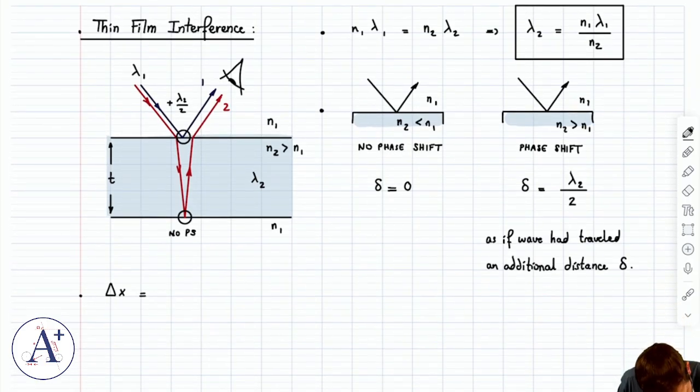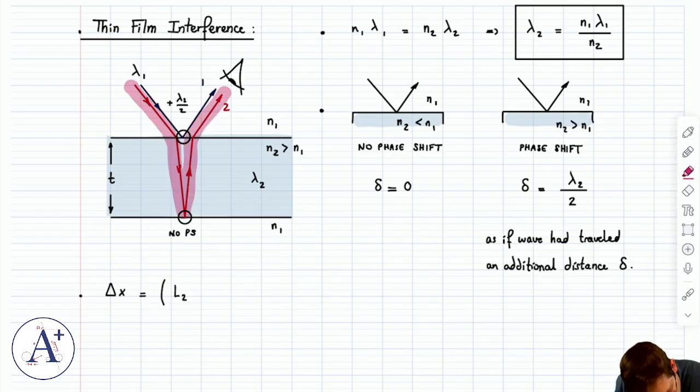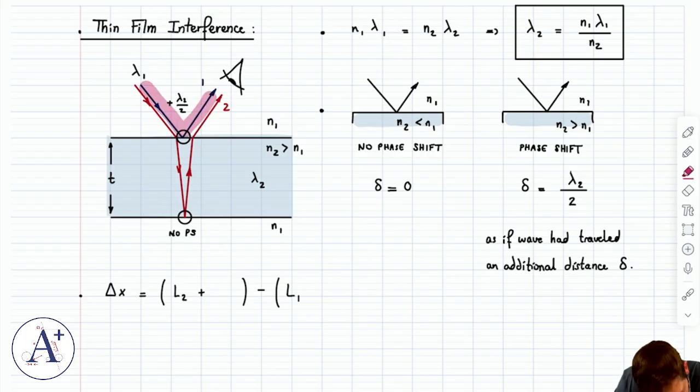Now, what I'm going to do is the following. I'm going to say that delta x is going to be L2, and L2, just for clarity, is the length of this path. If I took a ruler and I measured this path, that would be L2. I'm going to put plus, and I'm going to leave a placeholder, and we'll talk about that in a second, minus L1. L1 is the length of the path followed by the blue ray. Plus, I'll leave a placeholder here like this.